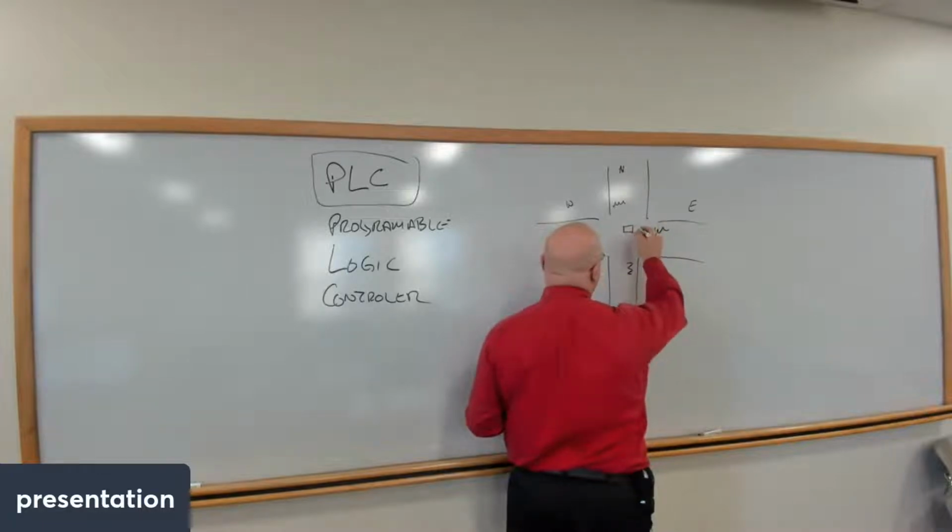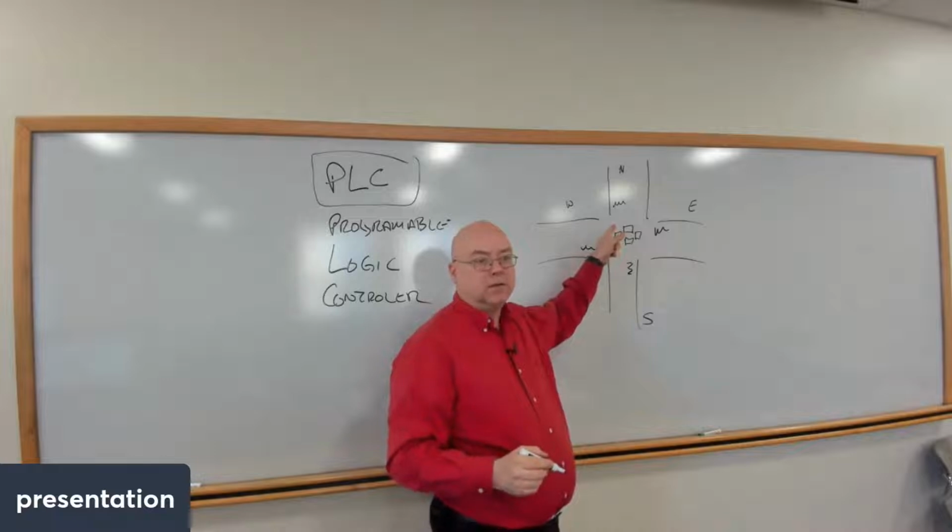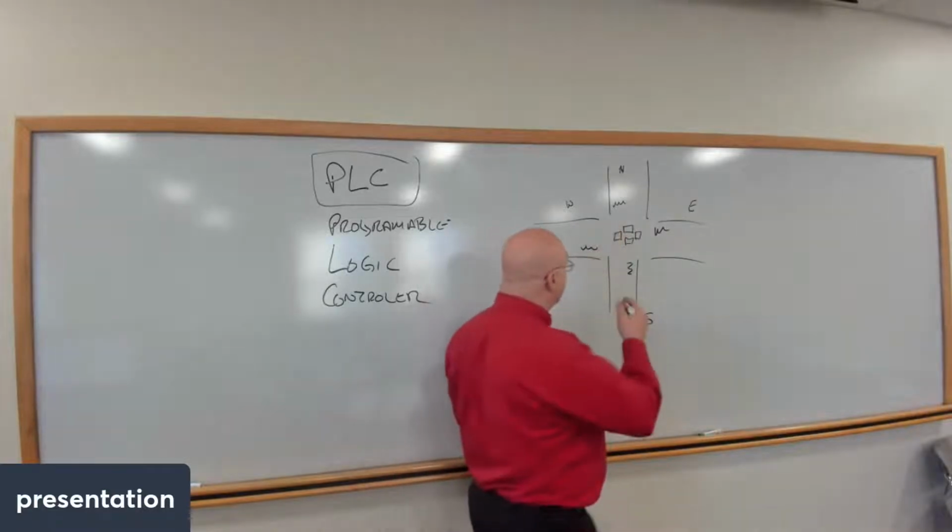And we've got 4 directions of light here, right? And each one of these has 3 light bulbs in it. Okay.